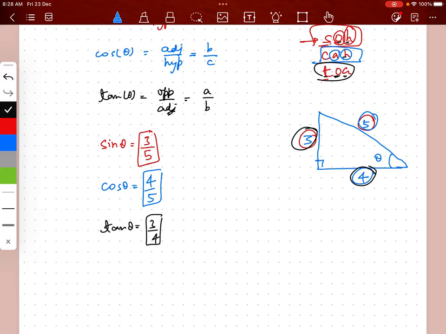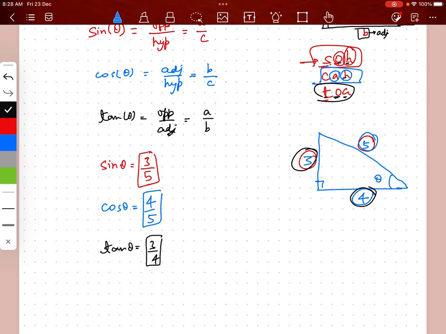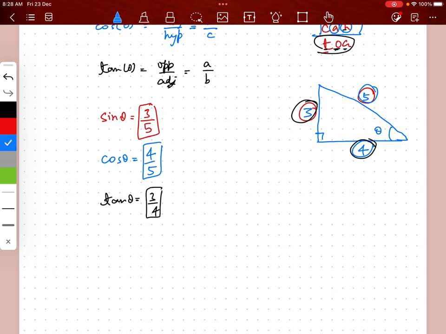Now suppose I change it a little bit, just to make it more interesting, okay? Suppose we're given a triangle like this, the same triangle. I'm not changing the triangle, even though the diagram is not up to scale. And suppose this angle is alpha, and now we have to find the sine of alpha, the cosine of alpha, and the tangent of alpha.